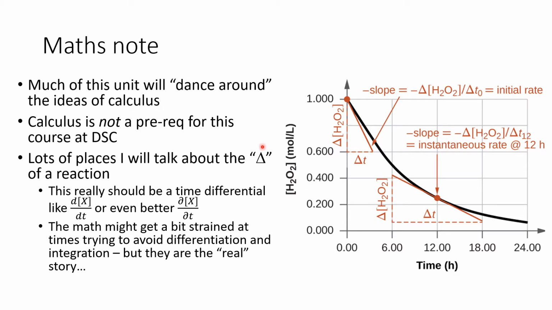So a lot of times I'm gonna use the term delta, where I would prefer to be using the derivative of concentration with respect to time, or really even better, partial derivative of concentration with respect to time, because there might also be a temperature axis, a pressure axis, lots of other axes that could be involved here.